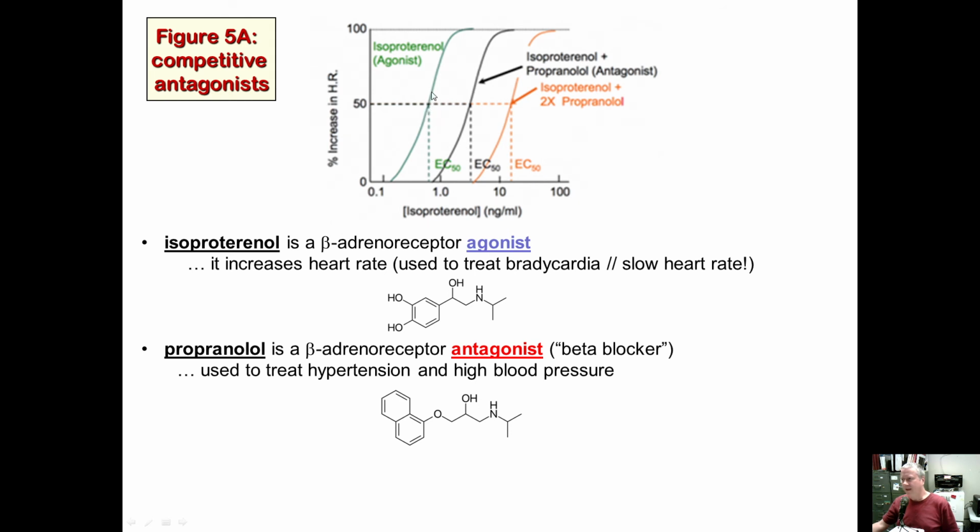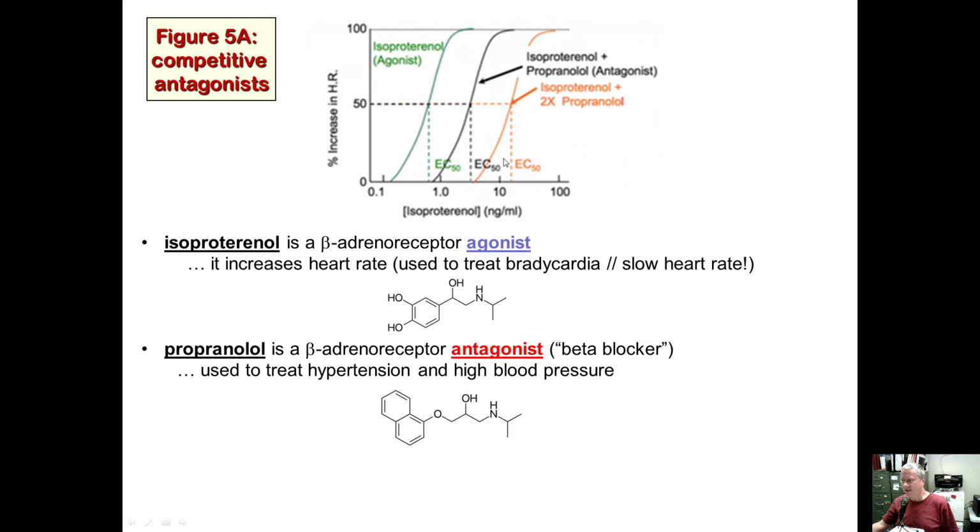Then we have a maximal response eventually at a higher concentration. But if you provide a mixture of the agonist and the antagonist simultaneously, as you might expect, these are going to compete for the same binding site. So with this combination, by adding isoproterenol, now the EC50 increases. You have to actually have more because they're competing for the same binding site.